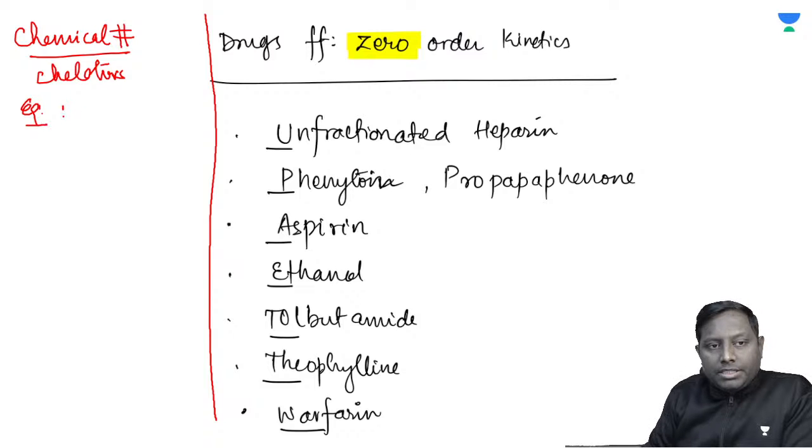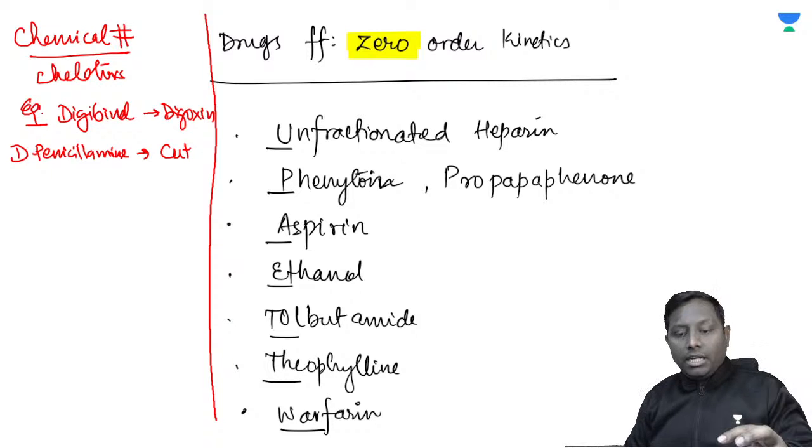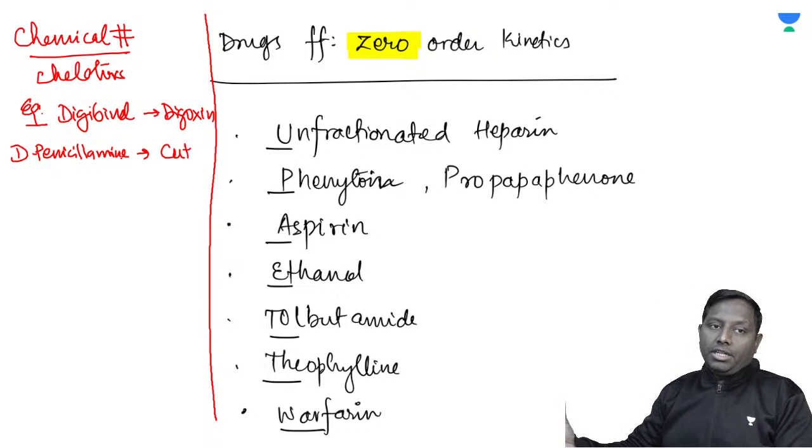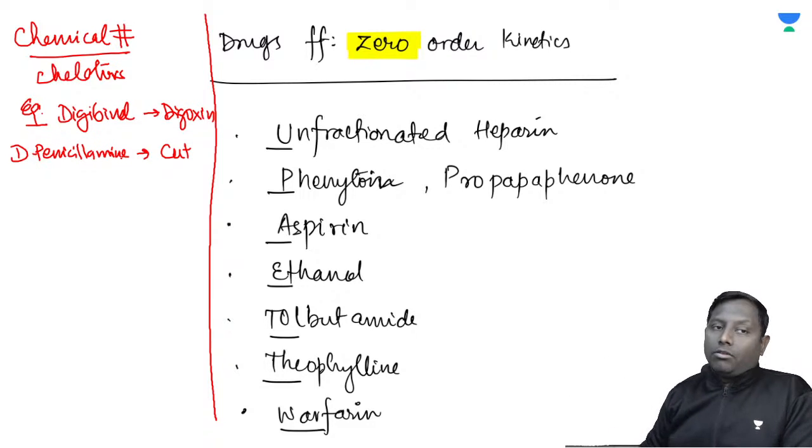For example, digibind is a chemical antagonist for digoxin. Or we have D-penicillamine. D-penicillamine is a chemical antagonist for copper. Okay, so what is a chemical antagonist? They will chelate, inactivate the compound and promote its excretion. They will not leave until the compound is out of the body.